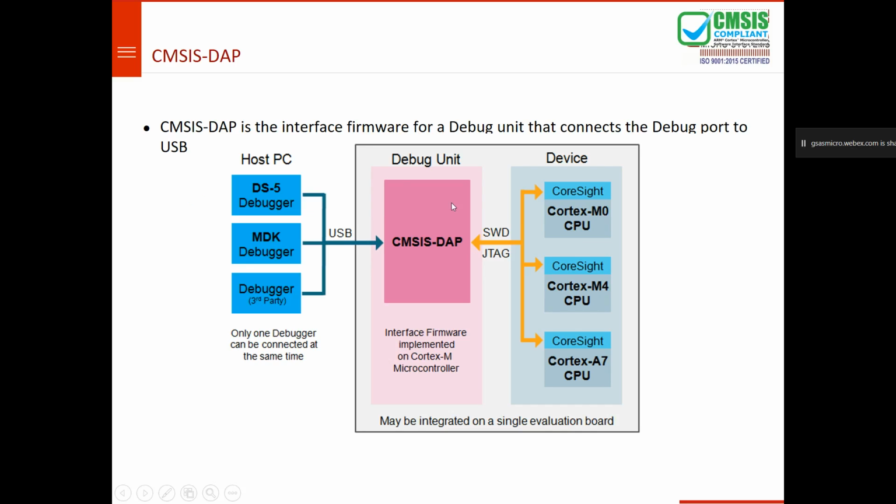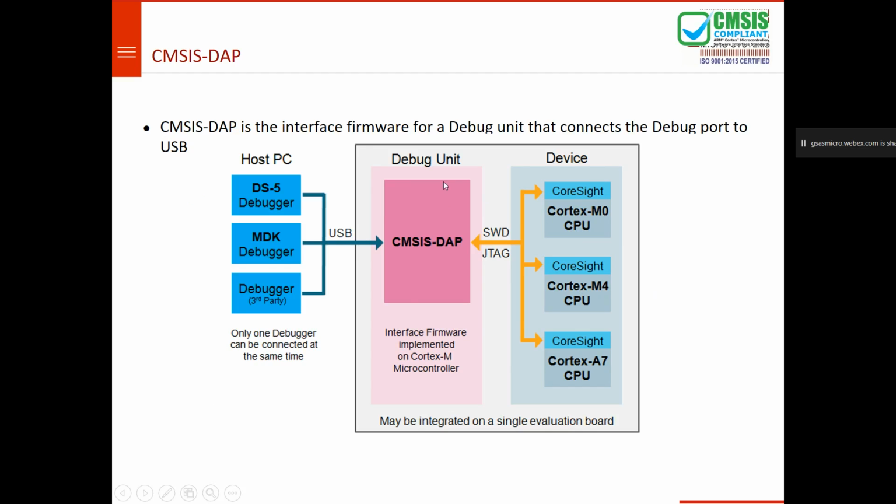So here you can see, this CMSIS-DAP is nothing but firmware. It allows the hardware to connect to the software running on the host PC through a USB port. There is an interface here.